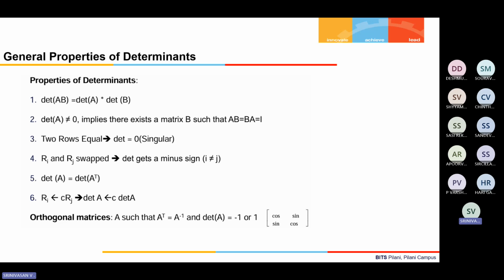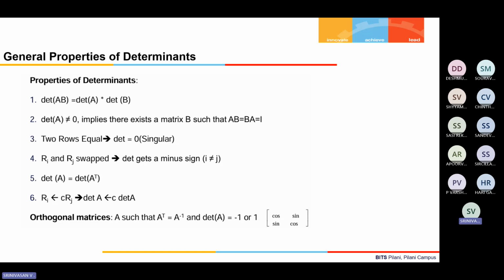So expand now. This is equal to minus 152, next is 0. Then minus 4 into minus 38 is plus 152. So it is equal to 0.